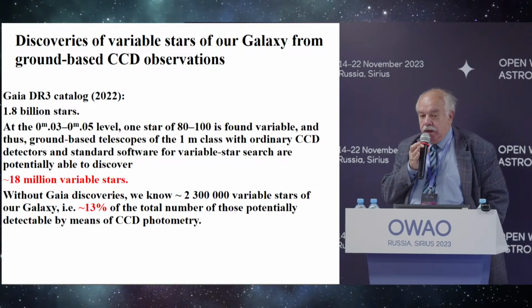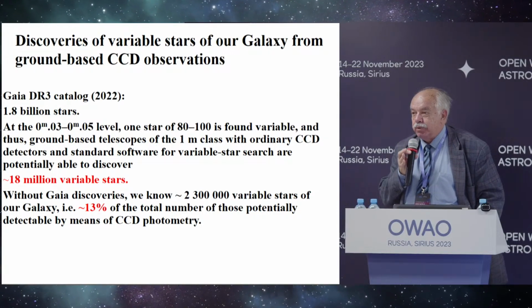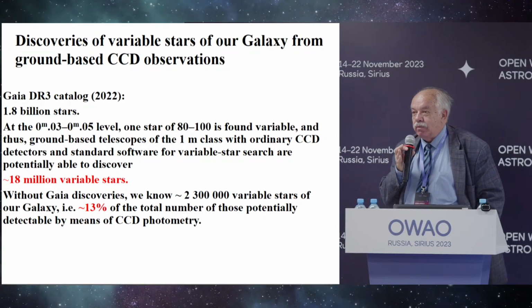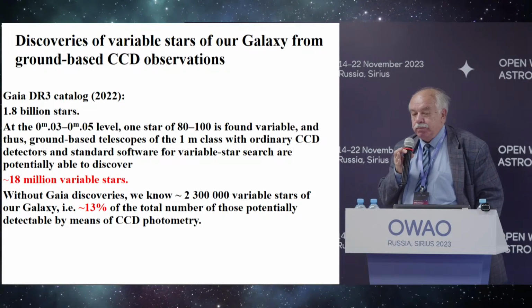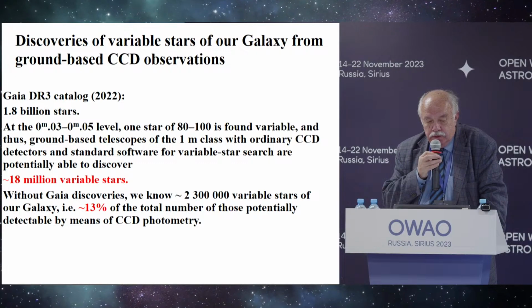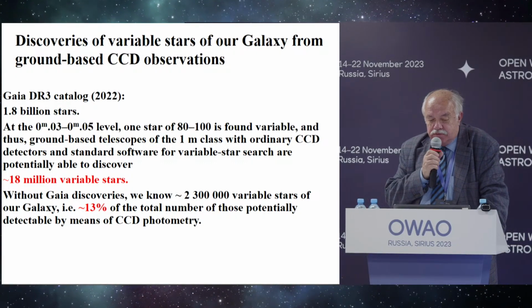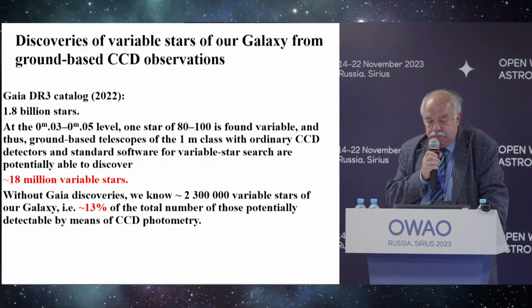And again, actually we do not have this lowest amplitude. We have already outliers with amplitude smaller by an order of magnitude. So potentially we are able to discover very many variable stars.